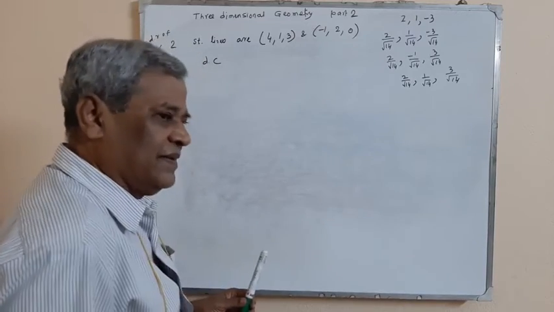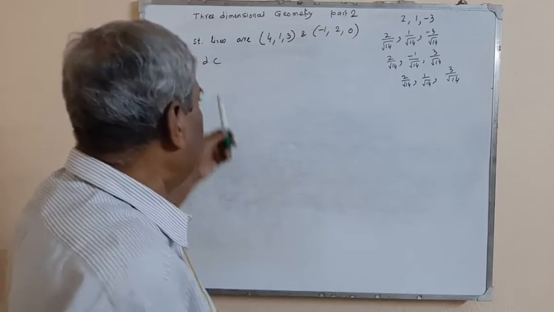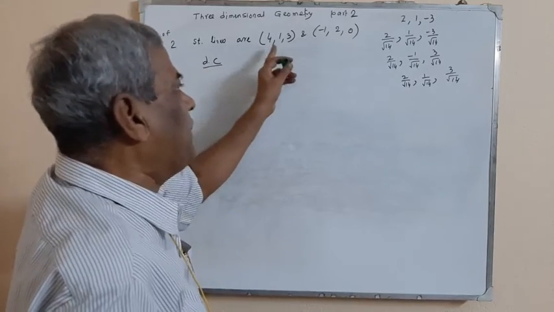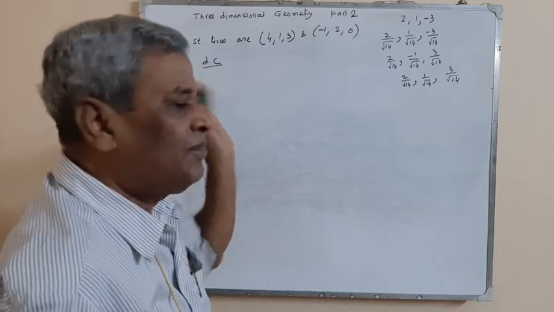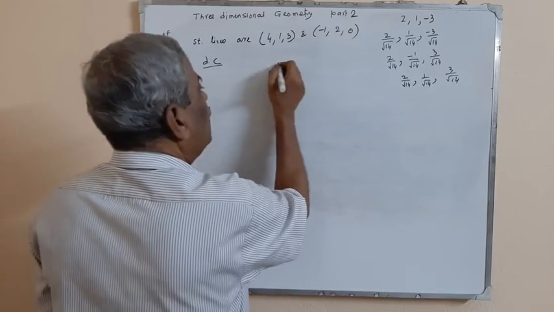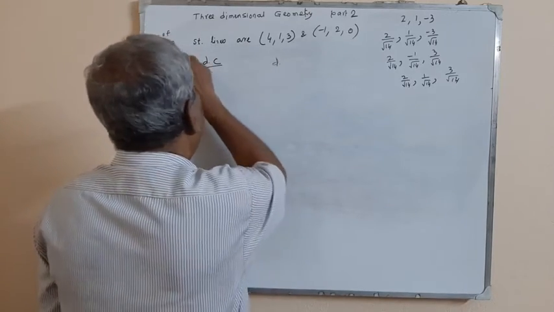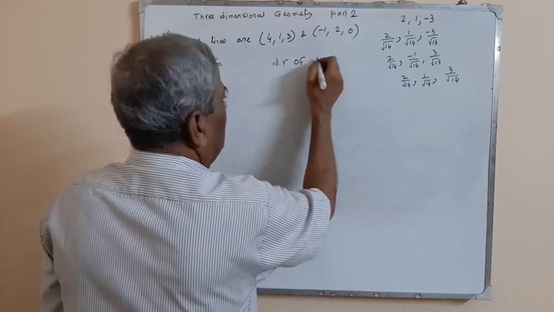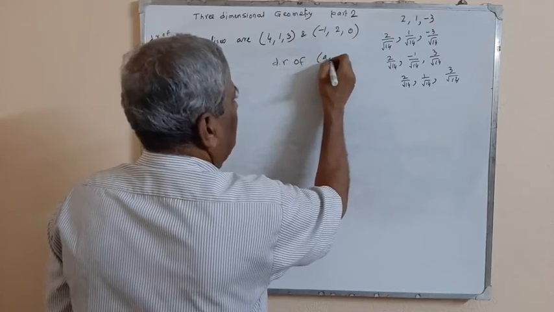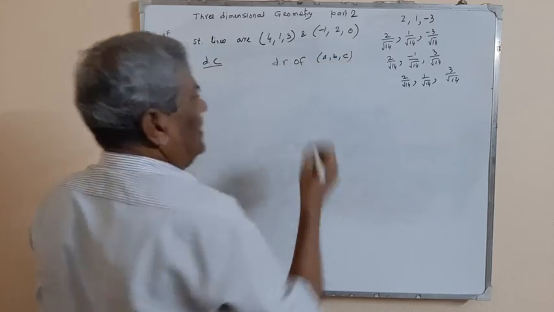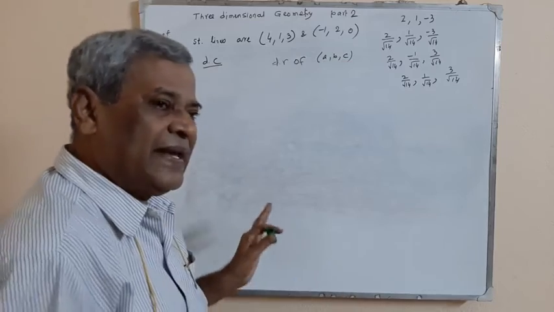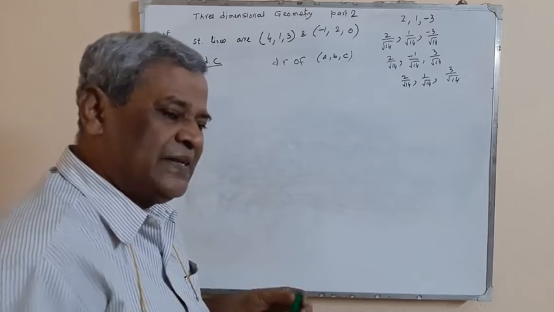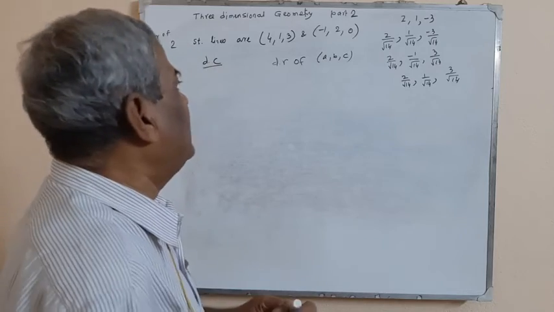We have to find the direction cosine of a line which is perpendicular to both this and that. Let us find the direction ratio of the third line, say A, B, C. If I can calculate the direction ratio, from the direction ratio the direction cosine can very easily be obtained.